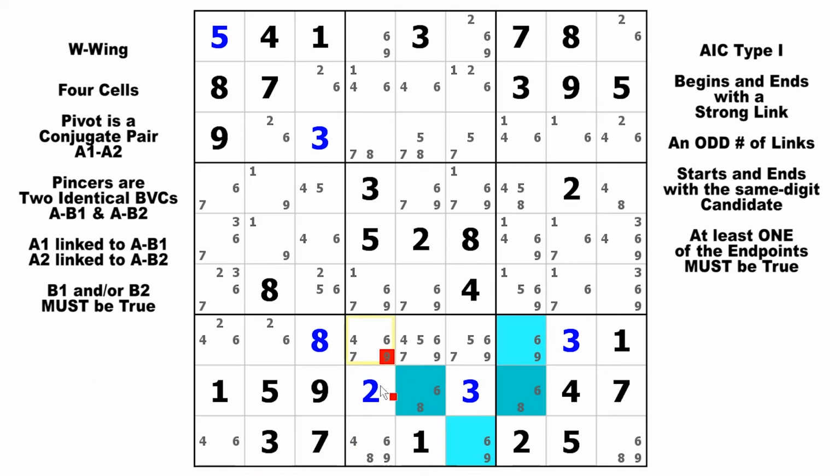And here there are 4. 1, 2, 3, 4. Now remember, when the pincers are in the same chute like they are here in this lower horizontal chute, there can be up to 6 eliminations, but here there's a 2 and a 5 already placed in these two cells where there might have been another 9 to eliminate. All right, that's going to do it for today, so let's go back outside and finish up. Thanks for watching.